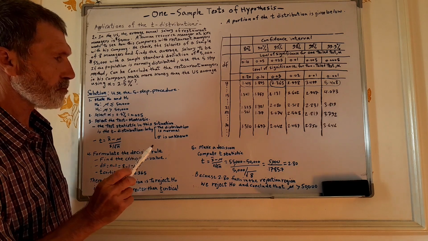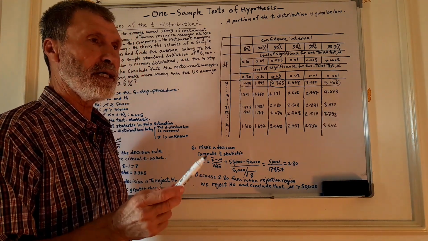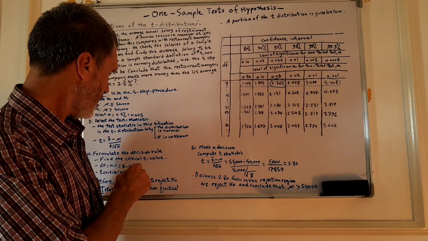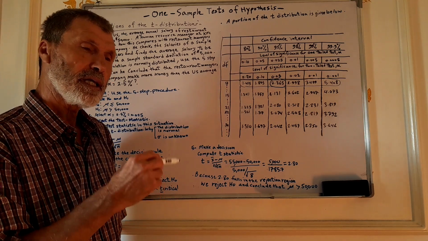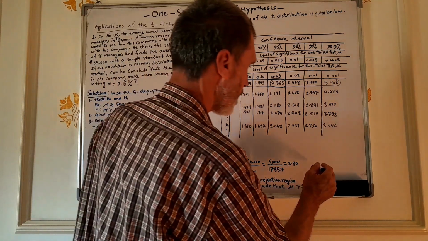And remember, because we have a one-tail test, this T critical is going to be in the right tail, something like this here.